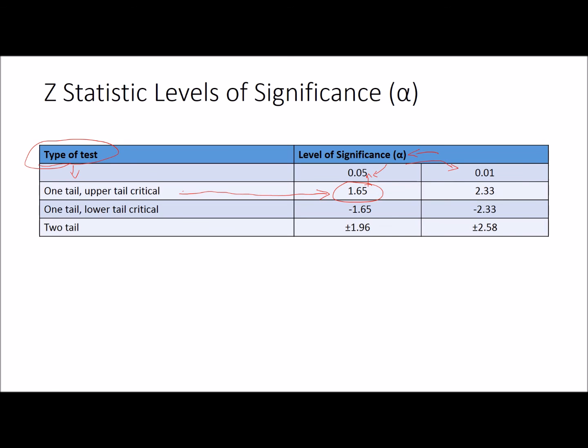If you set the level of significance or the decision rule at 0.01, well, then the Z that you're going to need is 2.33 or further from the mean.